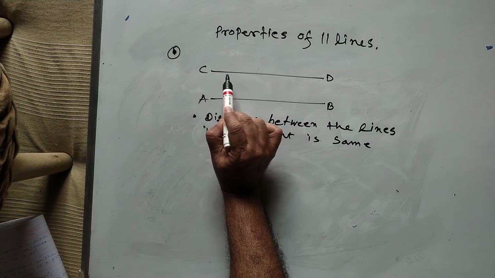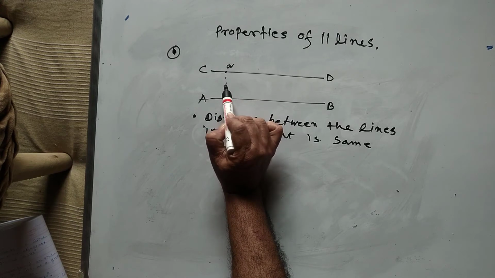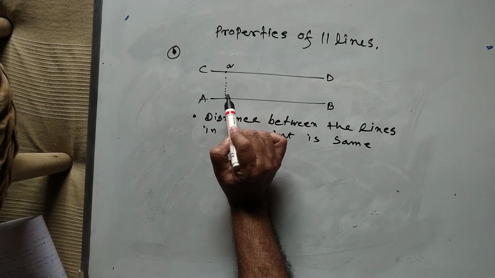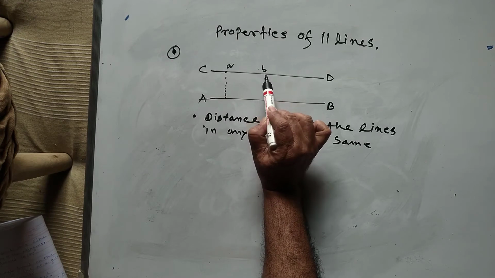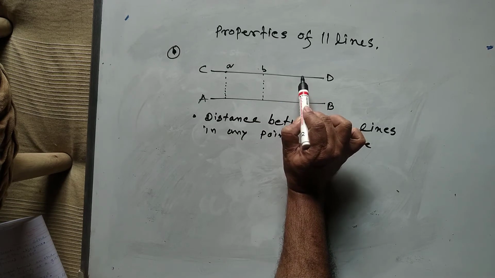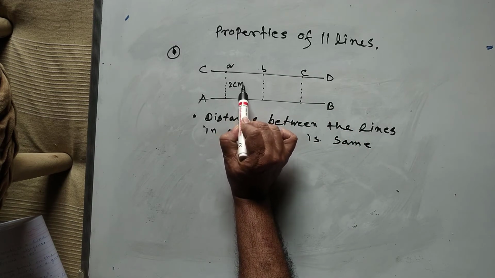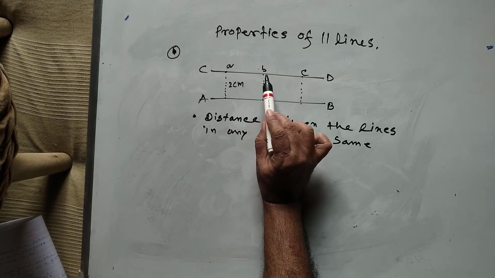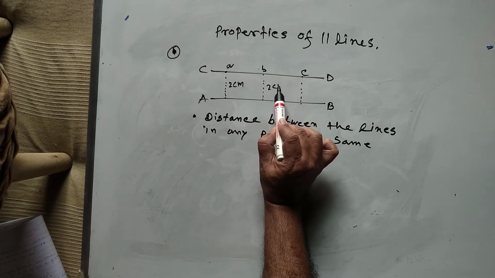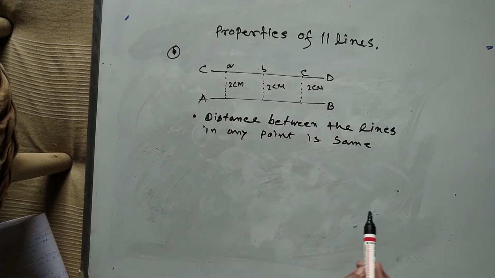Like if I say this is point A, this is B, and this is C. If it is 2 cm, B is also 2 cm, point C also 2 cm. That is why it is the same.